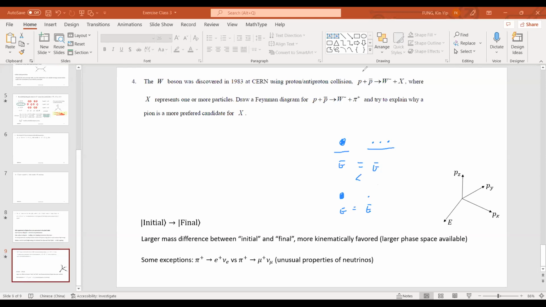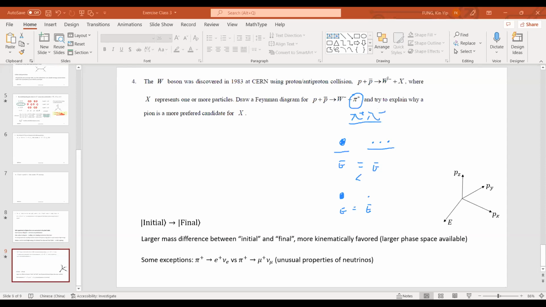Well, I think it's not so related, because in this question we are just asking why X is more favored to be pions. If it's something else, then the mass difference will be smaller, so it is not favored.